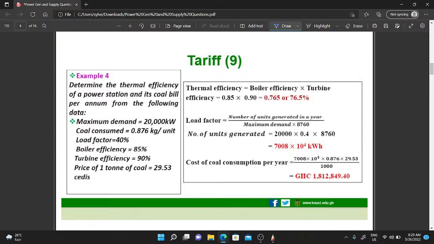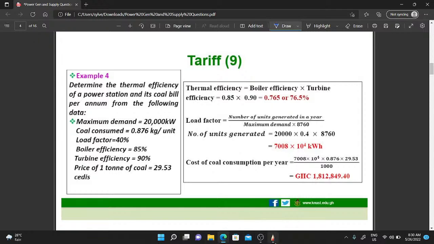Okay, please, we are back. So the next question is we are supposed to first determine the thermal efficiency of a power station and its coal bill per annum from the following data. Okay, so let's start.